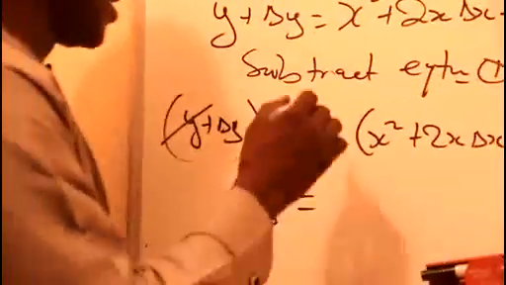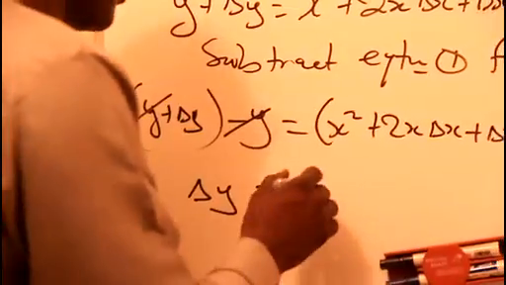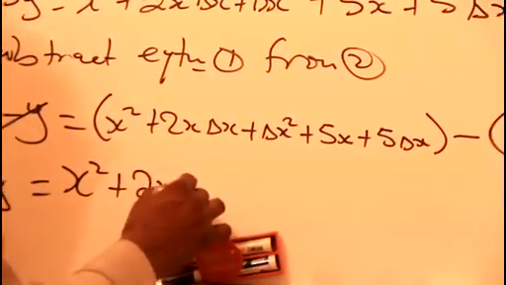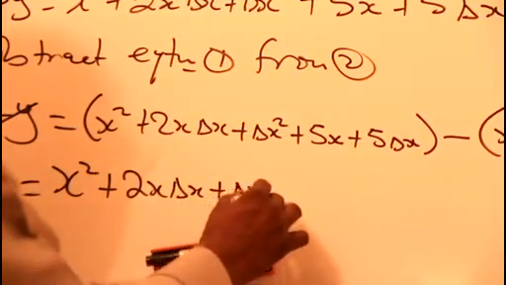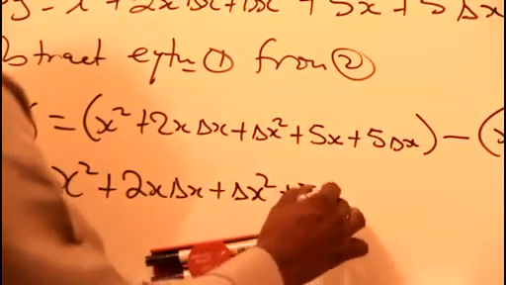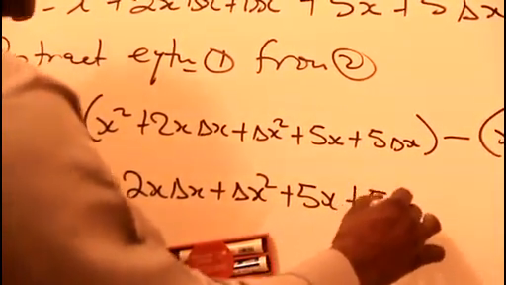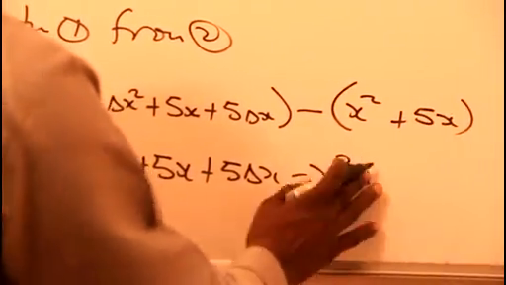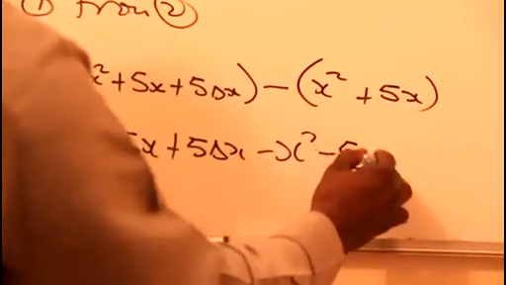I will be left with change in y on the left hand side being equal to x squared plus 2x change in x plus (change in x) all squared plus 5x plus 5 change in x minus x squared minus 5x.